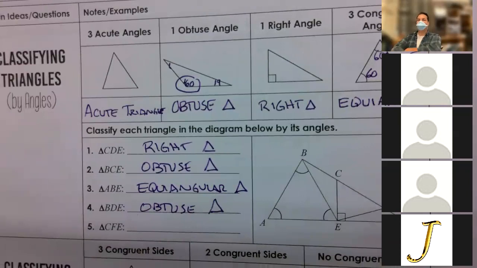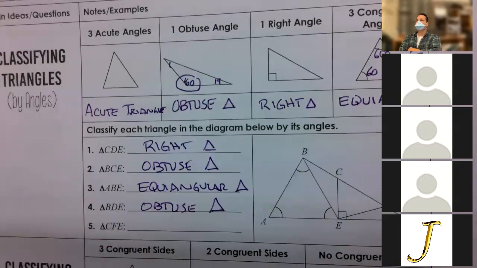Take a look at 1 through 4, see if you got the same answers. Any challenges? Okay. What'd you get for number 5? Obtuse? Acute? Do we know?